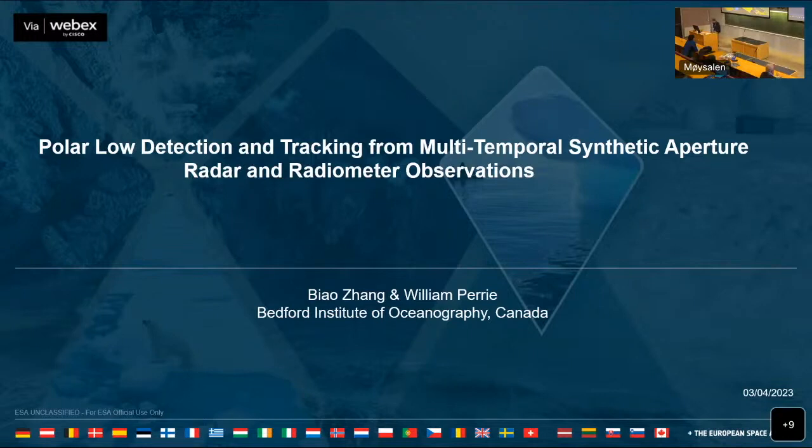So then we go on to another example of synergy, which in fact was addressed also yesterday to some extent in terms of extreme winds. And Biao and Will show in this case how the SAR can be used in synergy with other radiometer observations for detecting polar lows.